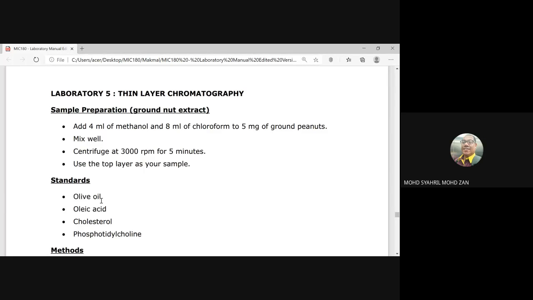To start, we have to prepare our samples. Our sample is a groundnut extract. We add about 4 ml of methanol and 8 ml of chloroform, 4 to 8, plus 5 milligram of groundnuts.